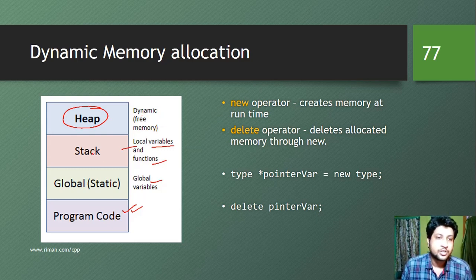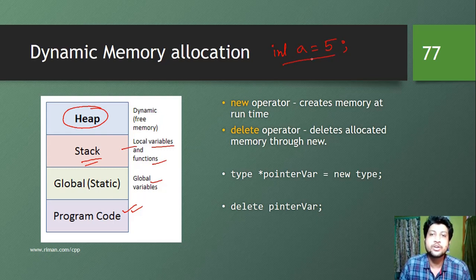So this stack is used for static allocation. What is a static allocation? When we declare int a is equal to 5, this is one kind of static allocation. That means at the time of compilation, we know where this particular value is going to be stored. That means the compiler decides where this value is going to be stored.